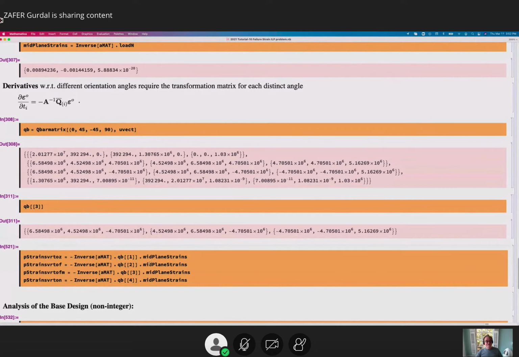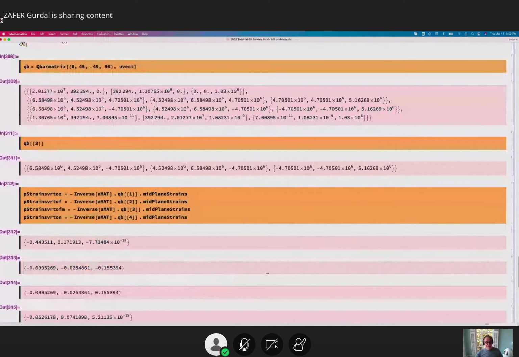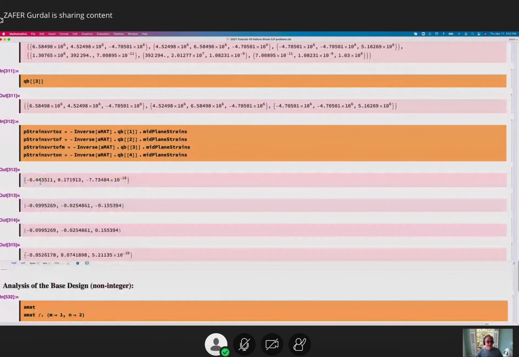Dotted with the midplane strains, this is the formula. This is this formula here. I should get derivatives of epsilon 1, 1 in the 0-degree ply with respect to the thickness of that ply.